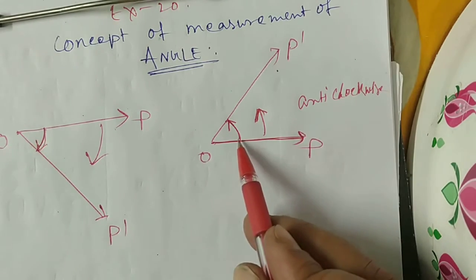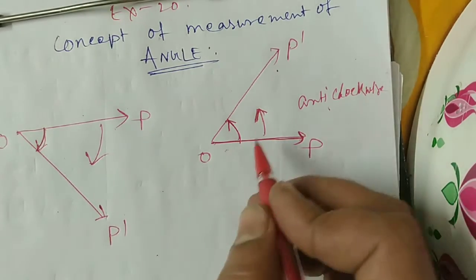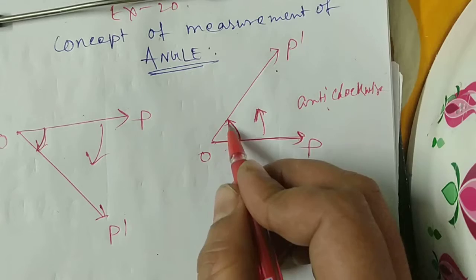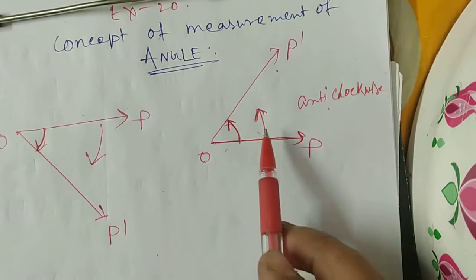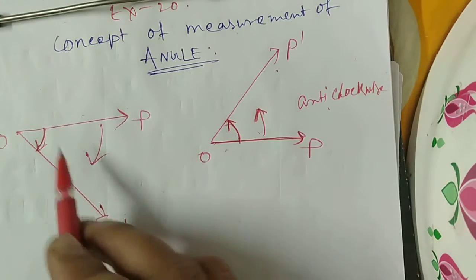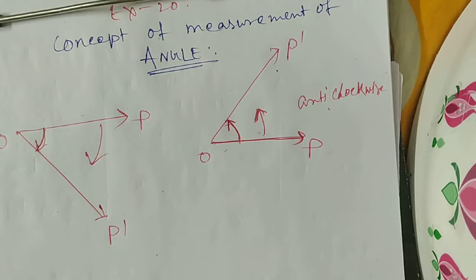If the ray rotates in the anti-clockwise direction, then we take the sign of this angle as plus, that is, the measurement of this angle is positive. And if the ray rotates in the clockwise direction, then the measurement of the angle will be negative.